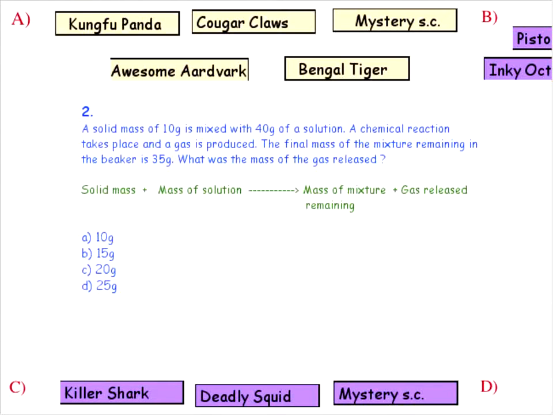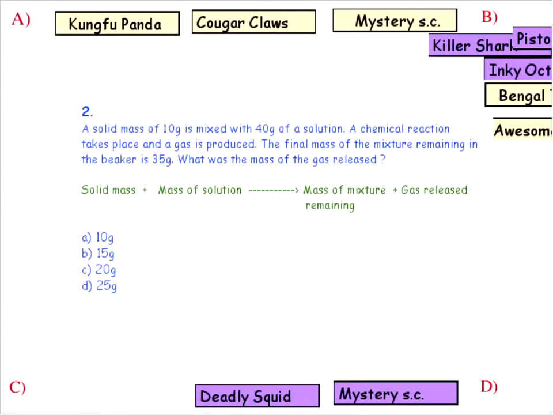Okay, Pistol Shrimp we got. Inky Octopus. Bengal Tiger. Awesome Aardvark. We're just waiting for Killer Shark and Deadly Squid.